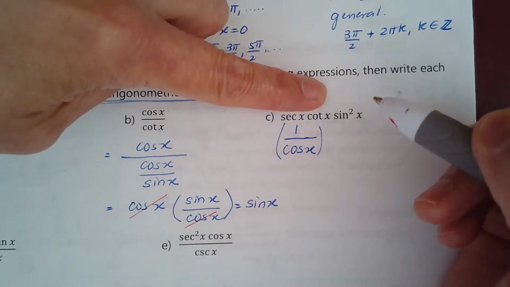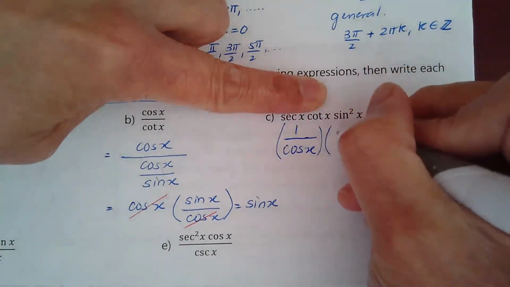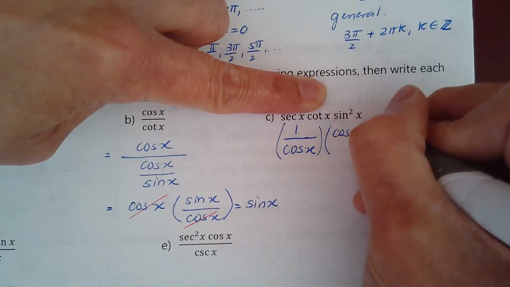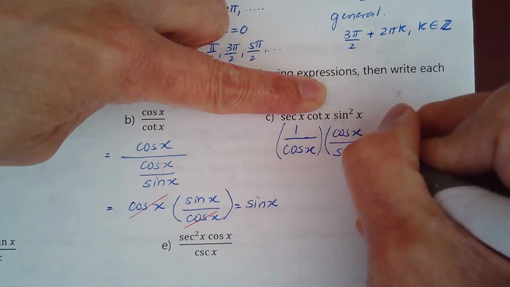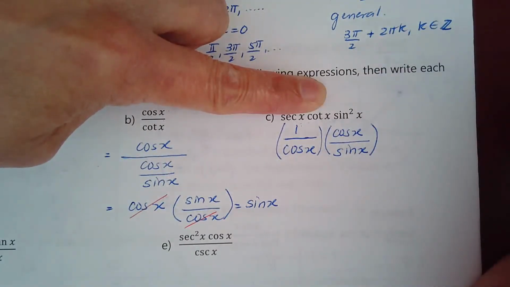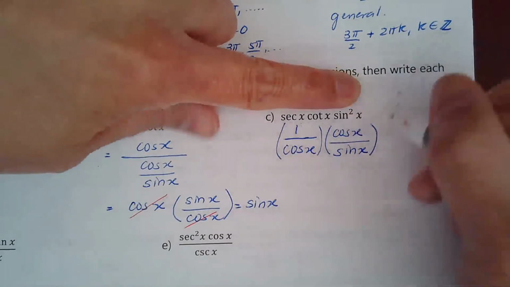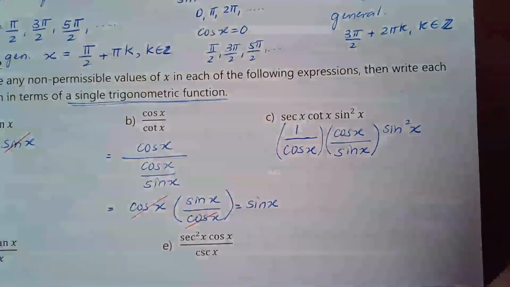Okay, well, what's cotangent of x? Cotangent of x is cos of x divided by sine of x, and then sine squared of x. We'll just leave it like that.